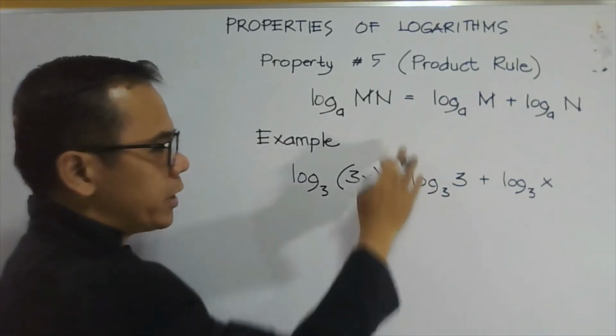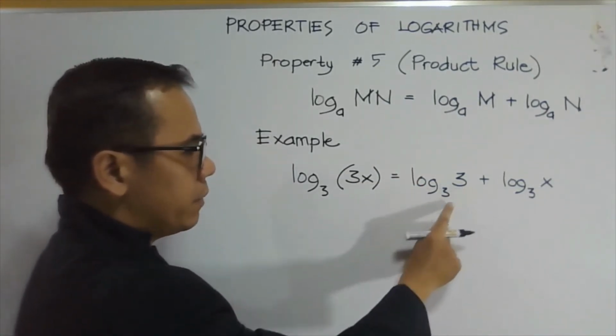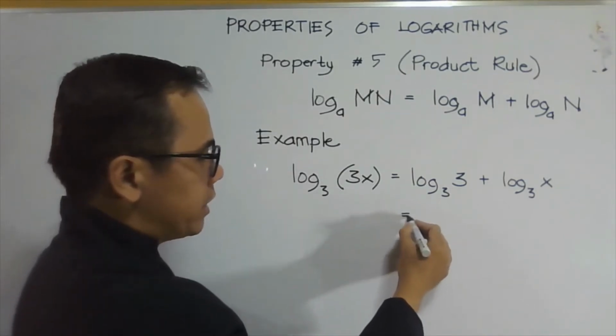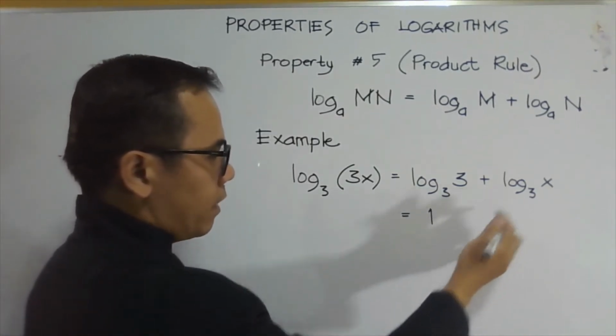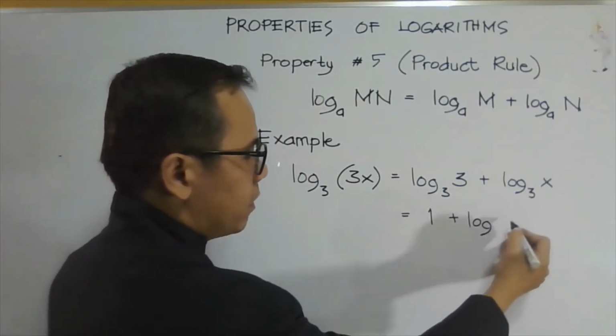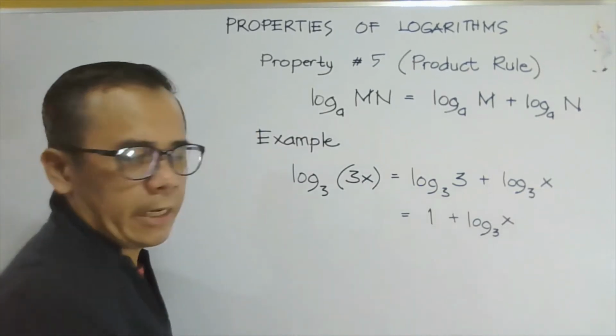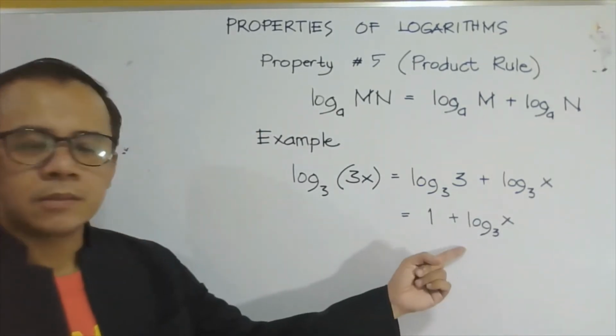From the previous property, we know that the logarithm of 3 base 3 is equal to 1, plus the logarithm of x base 3. This is the answer.